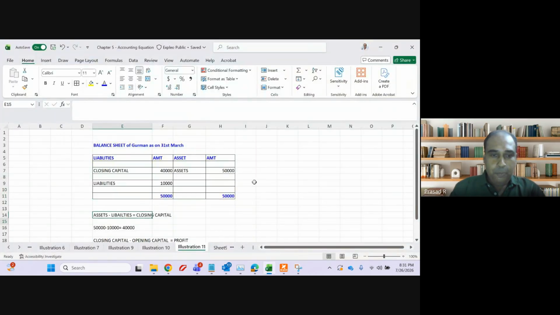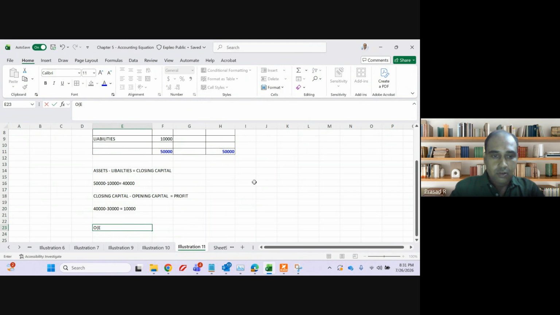Opening capital plus profit is equal to closing capital.